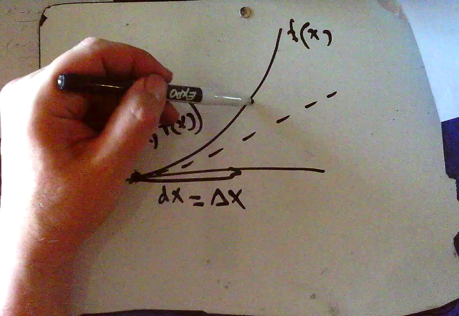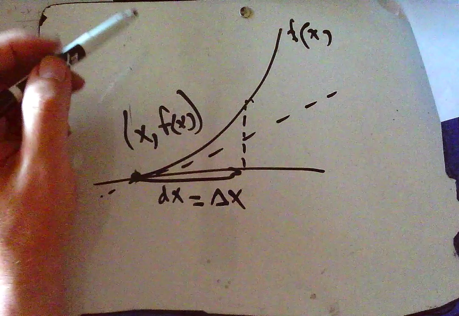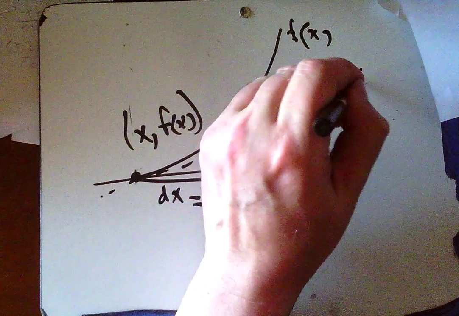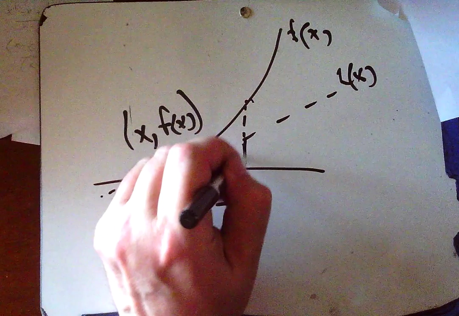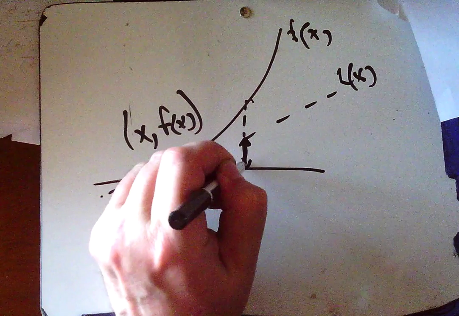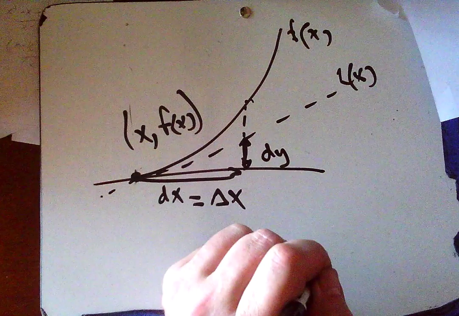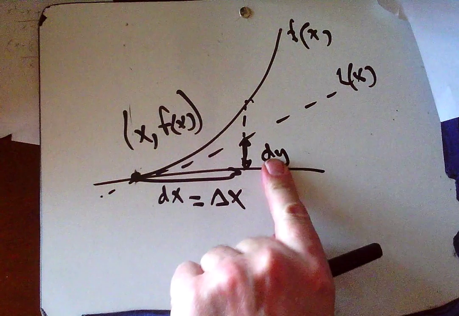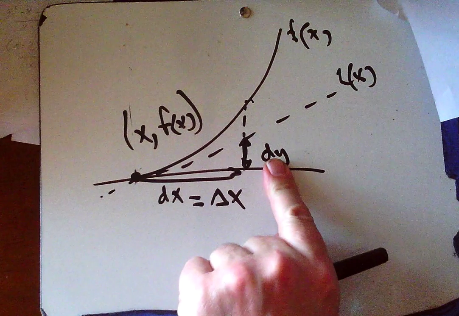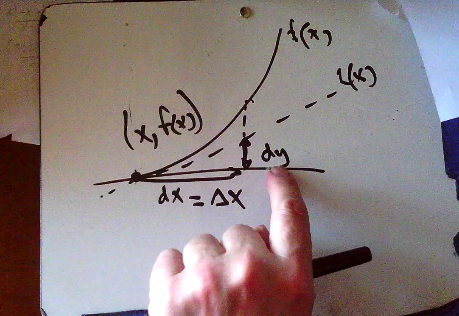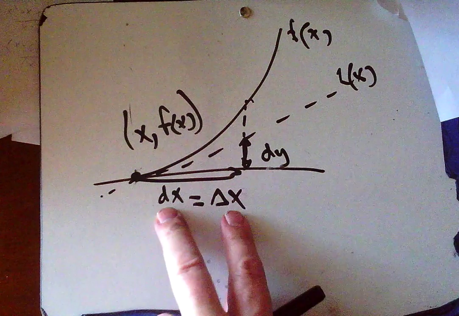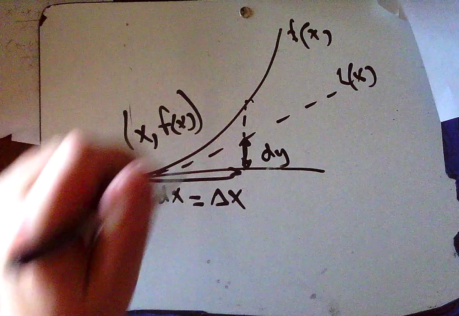And then we're going to see this. And this is our linearization, our tangent line. And we're saying that this amount here, this is dy. This is our approximate change in the value of the function as we go from here to here. Here, the dx and the delta x are the same.